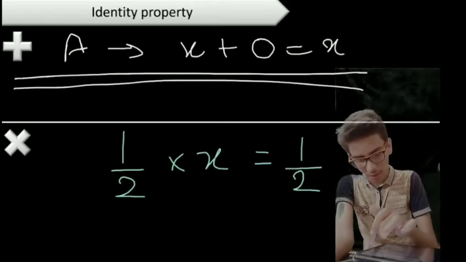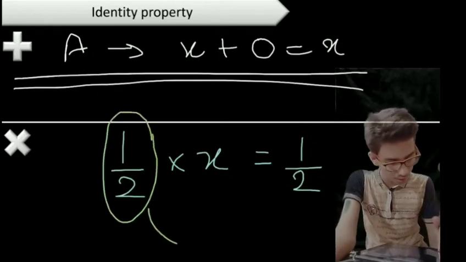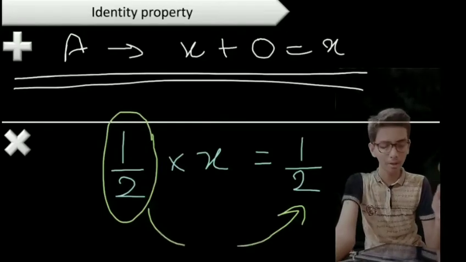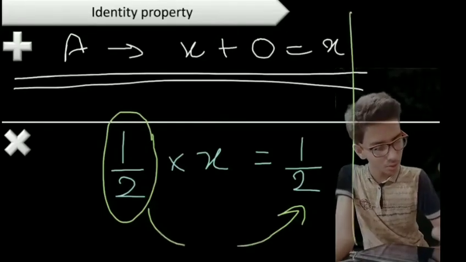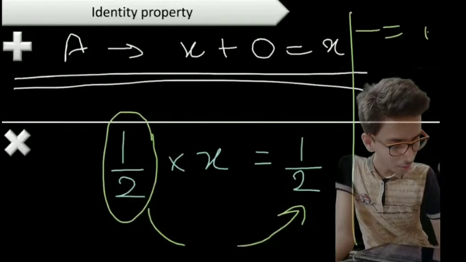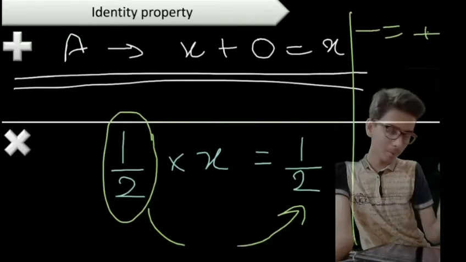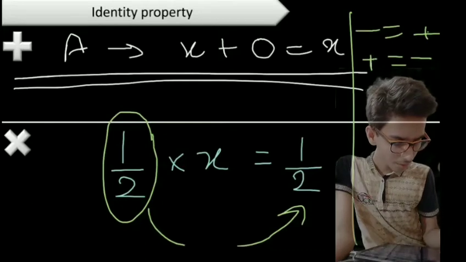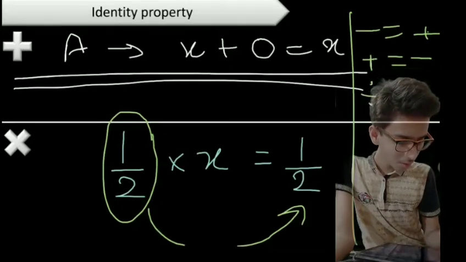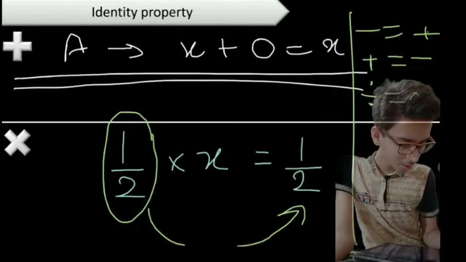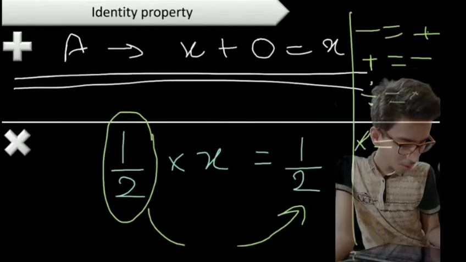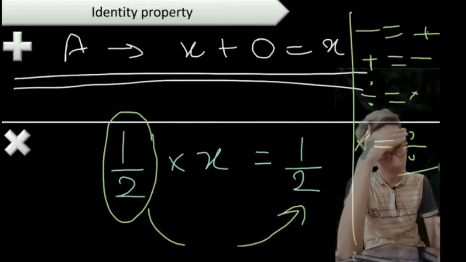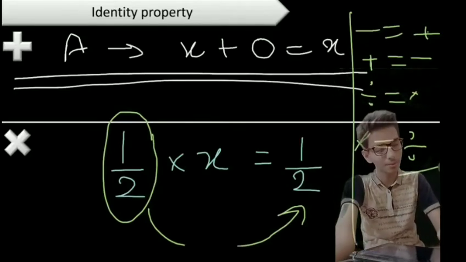This 2 by 3 will go over here. I was multiplying there, so here I will be dividing, because as you know, after going across the equal sign, plus will become minus, division will become multiplication, and multiplication will become division. So this will become division.